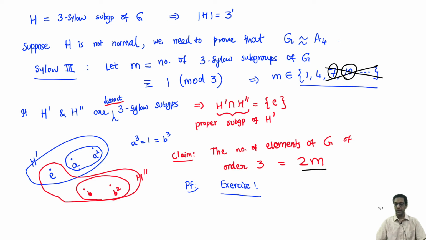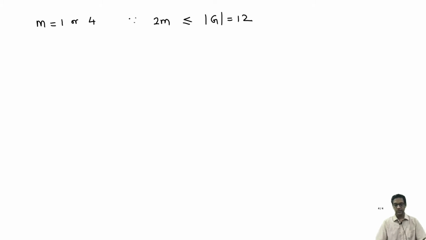All these numbers, 7 and higher, cannot be values of m, because they would give too many elements of order 3 in my group. So observe that m has to be 1 or 4, since 2m, the total number of elements of order 3, can be at most the cardinality of the group, which is 12.